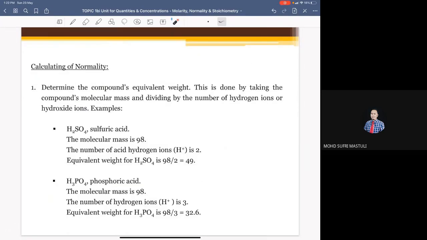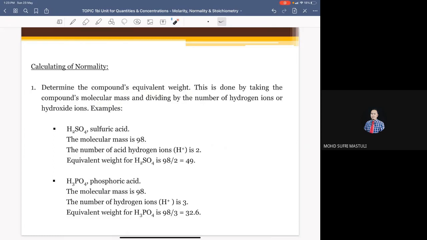Calculating normality is another explanation. Determine the compound equivalent weight. This is done by taking the compound molecular mass and dividing by the number of hydrogen ions or hydroxide. If we have sulfuric acid, the molecular mass is 98 from the periodic table.